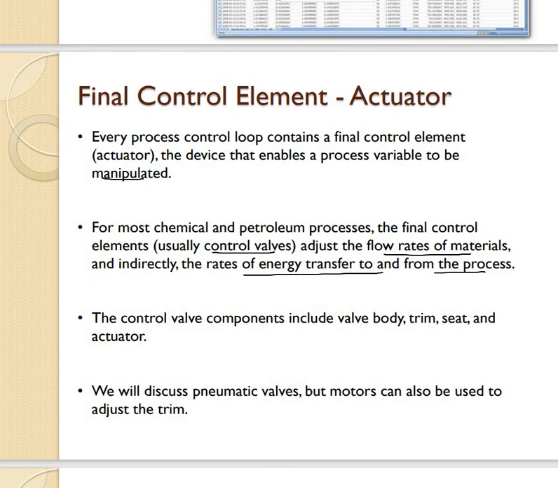The control valve consists of the valve body, trim, seat and actuator. We will discuss the pneumatic valve in detail after this. But for your information, instead of a pneumatic valve, we can also use a motor or pump in order to adjust the manipulated variable inside the control system.